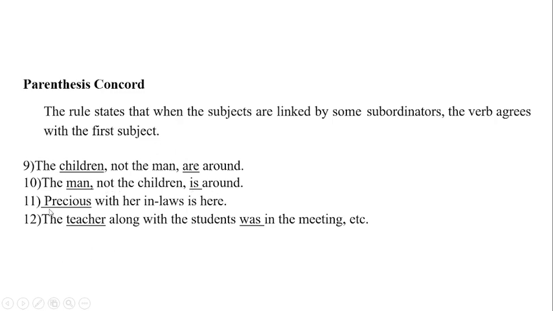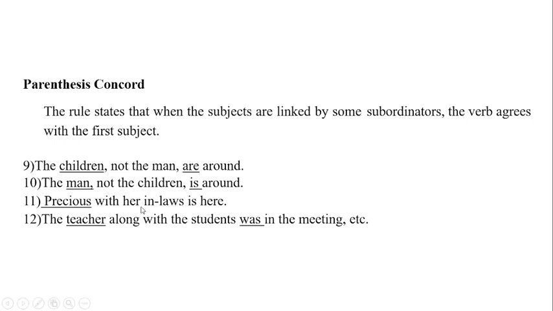Okay. The next example is: Precious, with her in-laws, is here. With her in-laws is optional, in parentheses. So you say Precious is here. The verb agrees with the first subject, which is Precious.